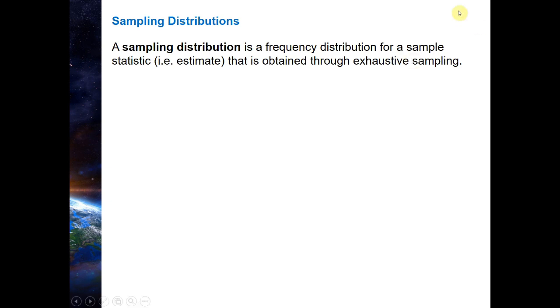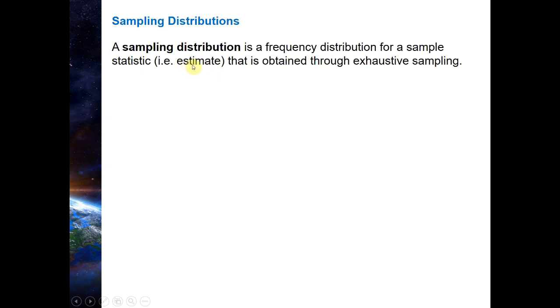Okay, so that was just a quick refresher on exhaustive sampling. If you need to, you could just go back and read up on that or listen to the lecture, but make sure you understand exhaustive sampling. Okay, so what we're going to do is exhaustively sample, and then calculate something on every sample.